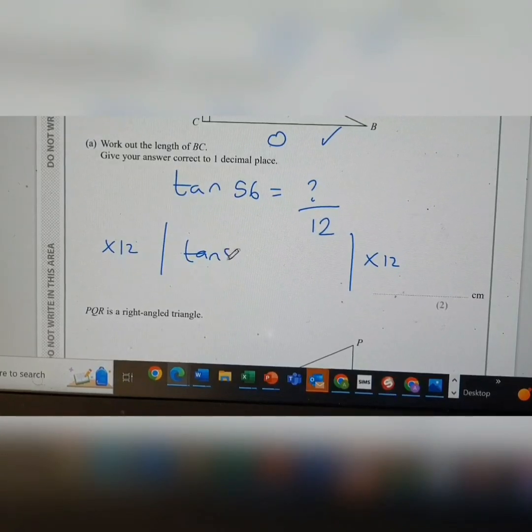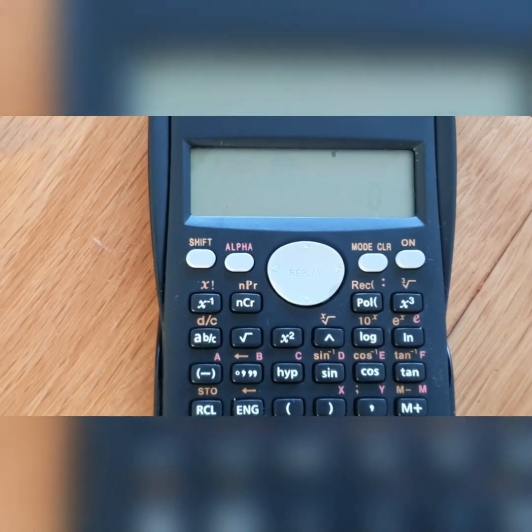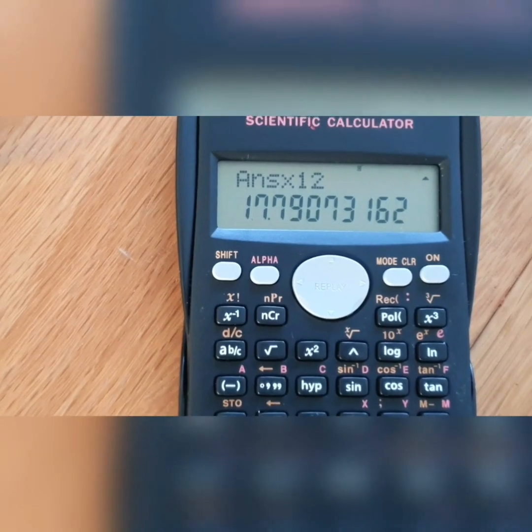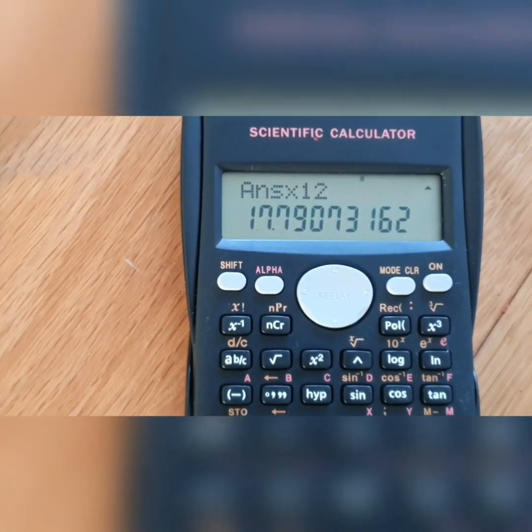So tan 56 multiplied by 12 will give me the missing side that I don't know. Tan 56 multiplied by 12 is 17.8. So to 1 decimal place, 17.8.